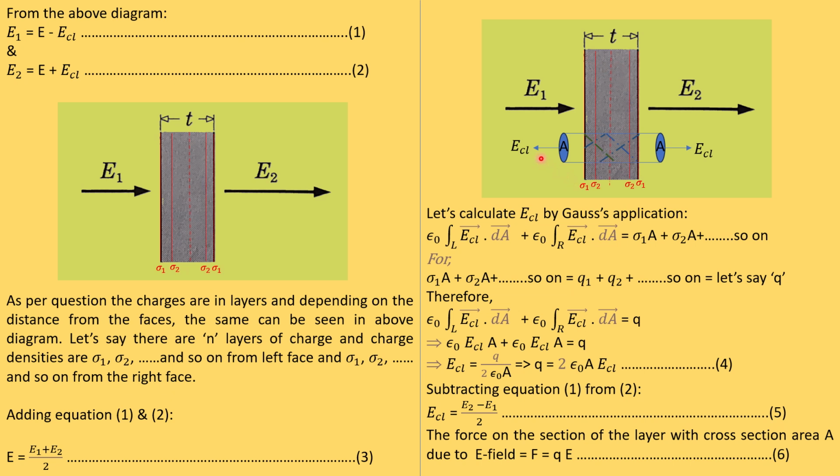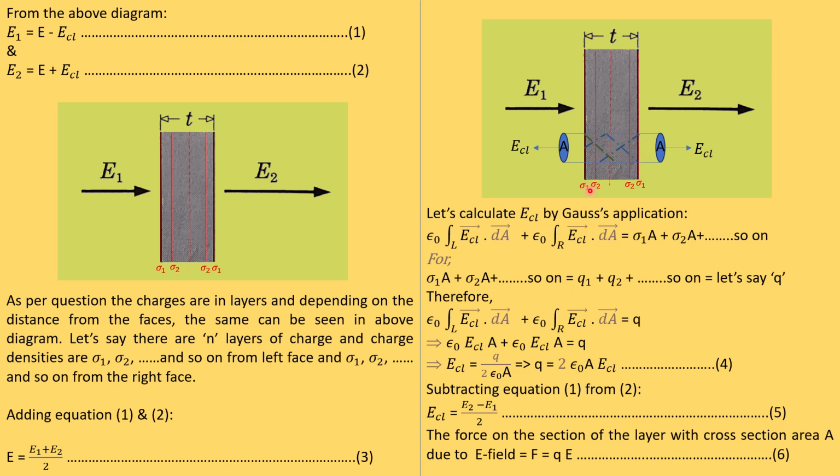Because of this, ECL is established. So epsilon naught ECL into dA on the left side, and epsilon naught ECL into dA on the right side, R and L representing the right side and the left side, will be equal to the entire charge within this cylinder.